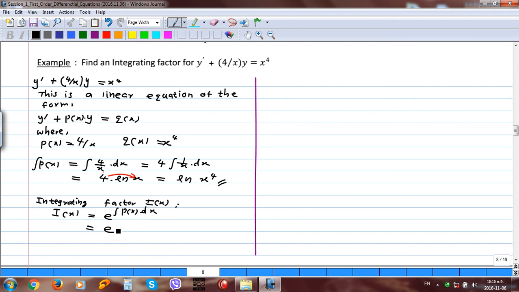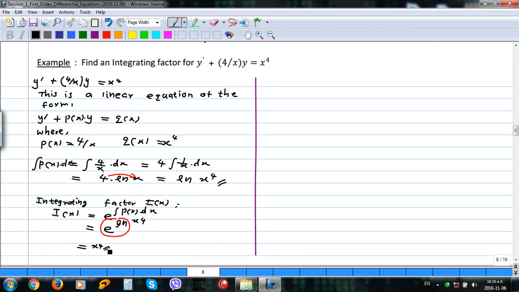We found this value: integration of p of x dx means ln x to the power 4. So e to the power ln, these two cancel, so remaining only x to the power 4. Then I of x equals x to the power 4, right?